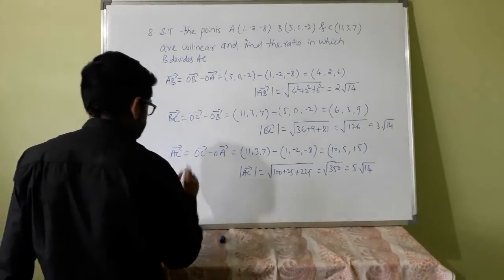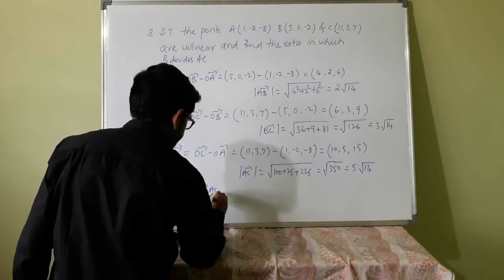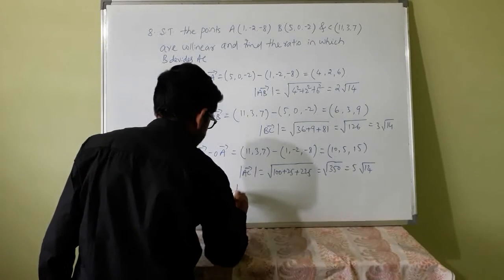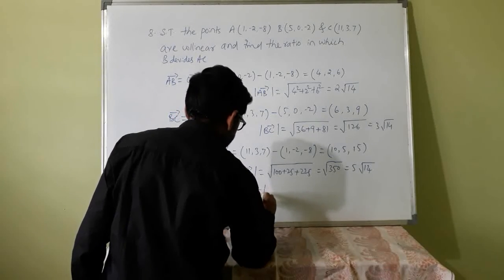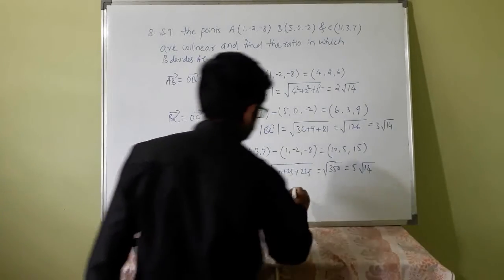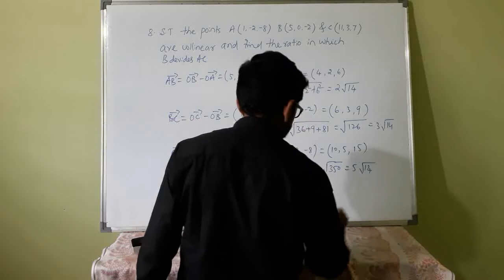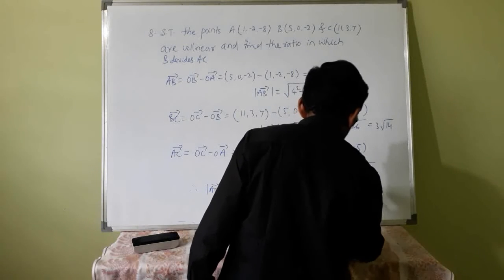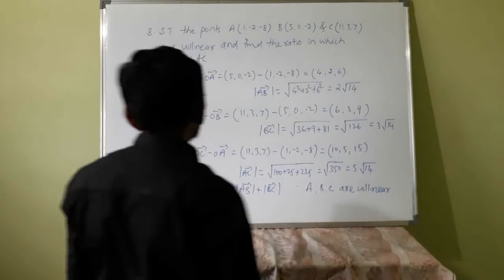Therefore, magnitude of AC is equal to magnitude of AB plus magnitude of BC. Therefore, A, B, C are collinear. Okay.